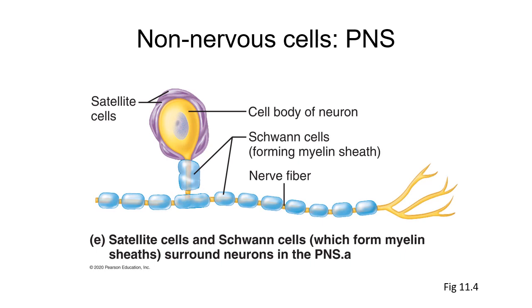The Schwann cells are similar to the oligodendrocytes of the central nervous system. So the satellite cells are like the astrocytes, and the Schwann cells are like the oligodendrocytes. Just one is found in the central nervous system, the other in the peripheral nervous system.